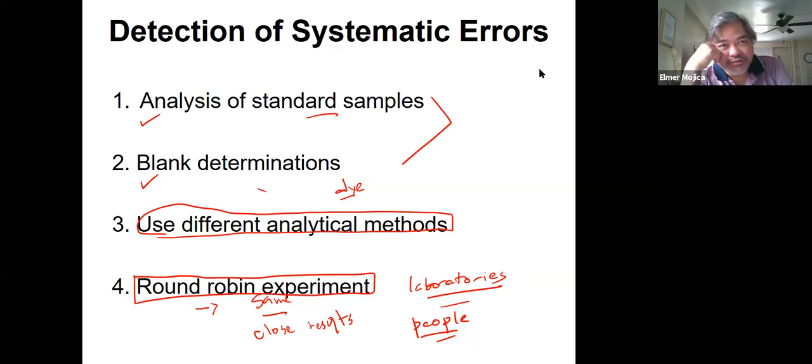Usually I compare the standard that I prepared in the lab with the standard that was purchased, and from there I can determine the difference between the two as the error given by the instrument that I'm running.